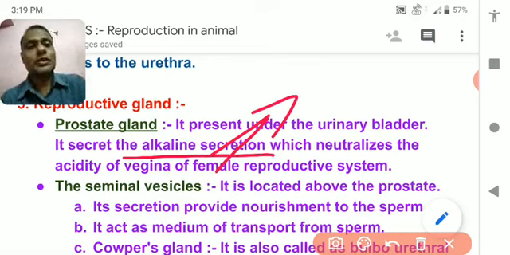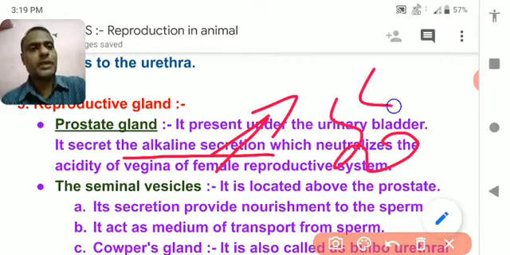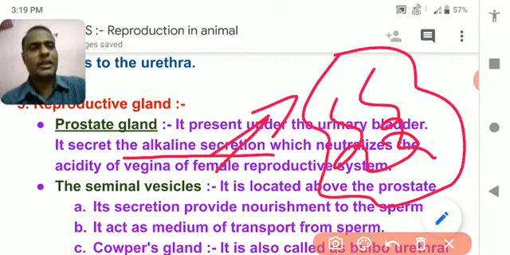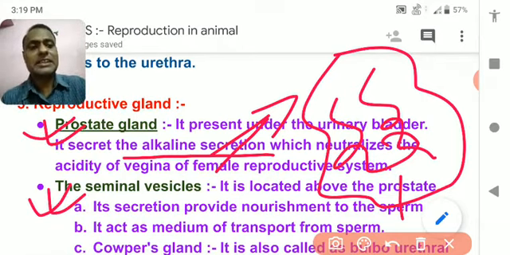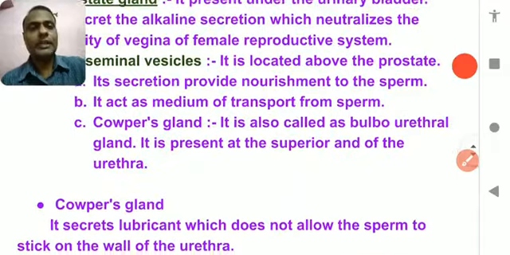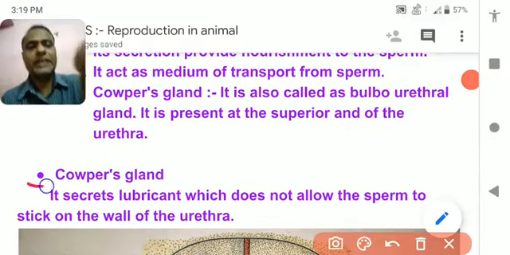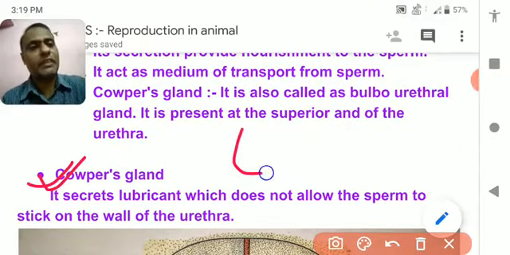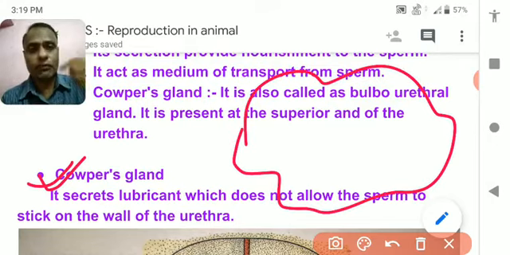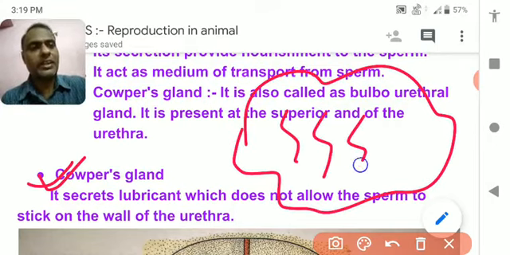Understood? With so many sperms, you can see there is a fluid-like structure. This fluid contains the secretion of the prostate gland, seminal vesicles, and Cowper's gland. So three different secretions of three different glands, a watery secretion, are present with the sperms.